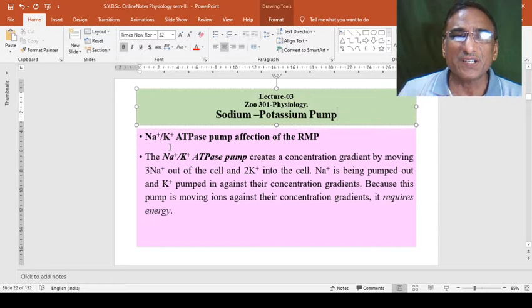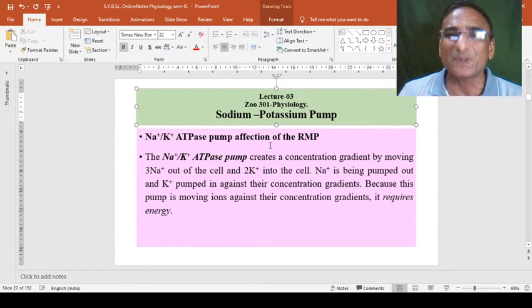Sodium and potassium move across the membrane by using the energy ATP. Generally, we call it active transport, and this is the sodium-potassium pump. The movement of sodium and potassium using ATPase energy is known as the sodium-potassium ATPase pump. This creates a concentration gradient by moving 3 sodium ions out of the cell and 2 potassium ions into the cell, as we have seen in the last diagram.